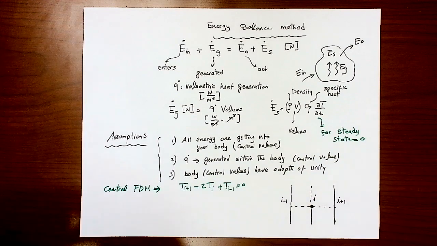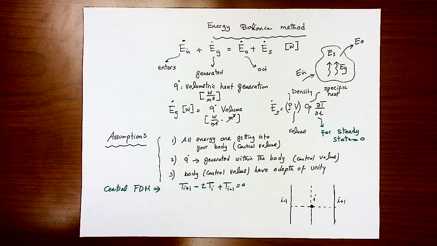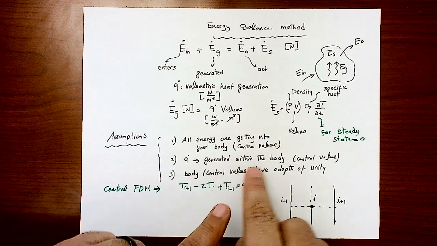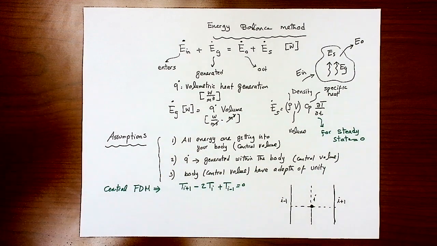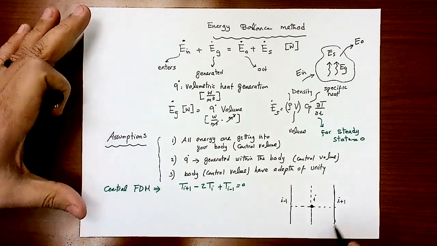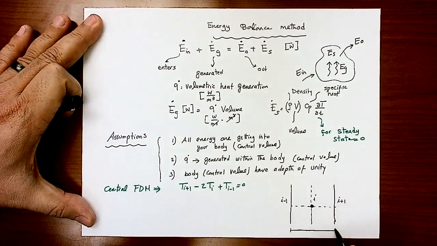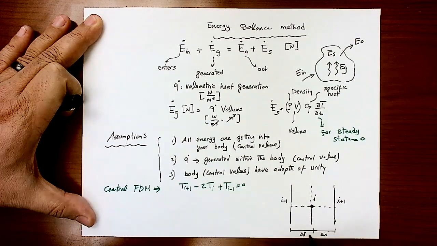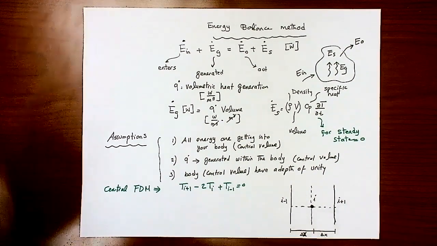That's the Laplace equation. Now let's see how we can apply the energy balance method for the same node i, and we end up having the same equation. So here is the step. Number one, you need to create something called a control volume. What's a control volume? Originally, we know that this distance here is delta x, or if you want to call it h, that's fine.